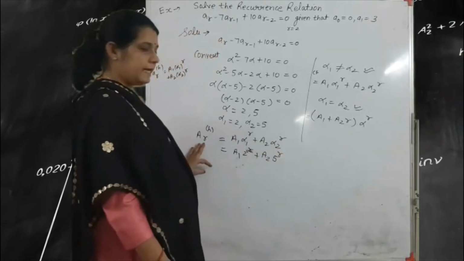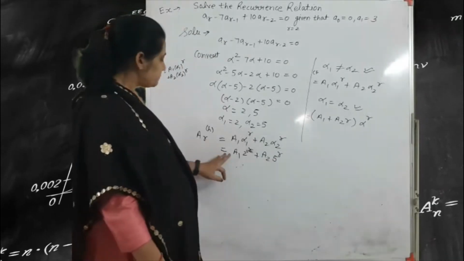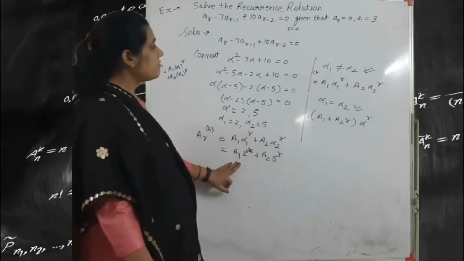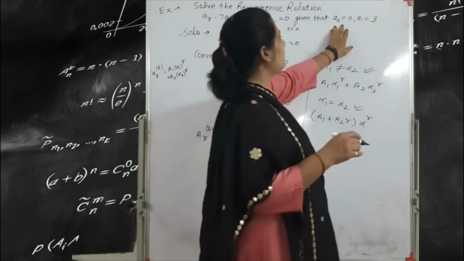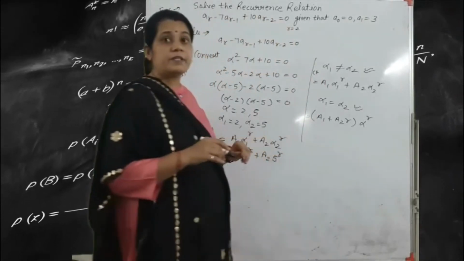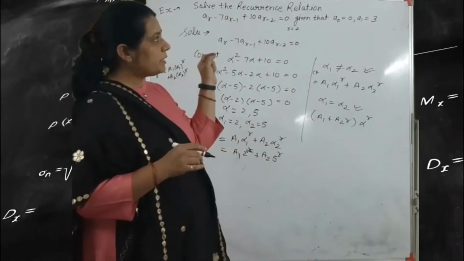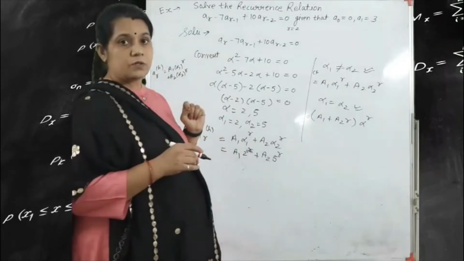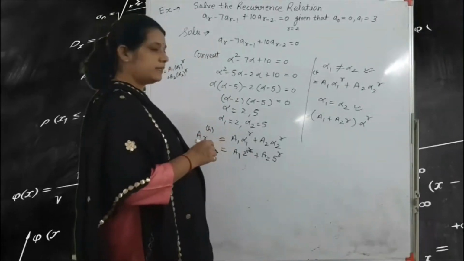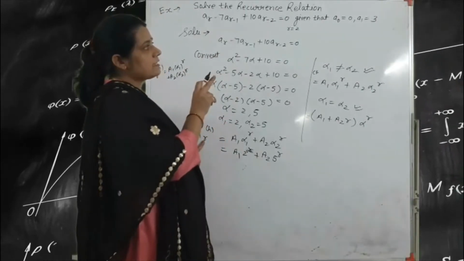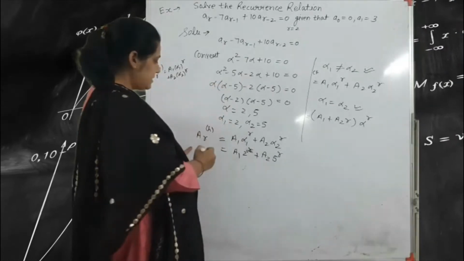This is the ARH. Here we are given two conditions: a0 equal to 0 and a1 is equal to 3. What do we mean by a0 equal to 0 and a1 equal to 3? That means we are given r is equal to 0 and r is equal to 3.